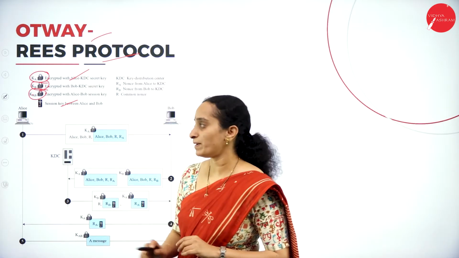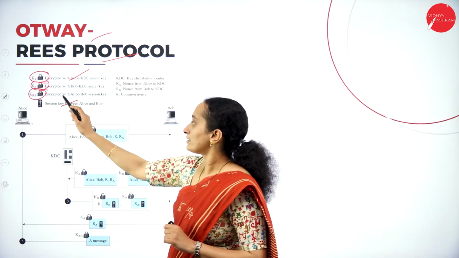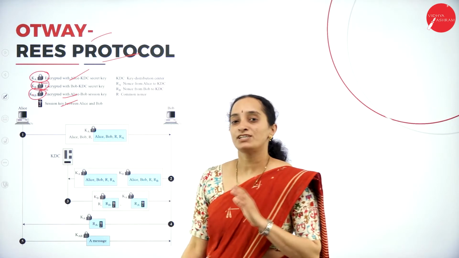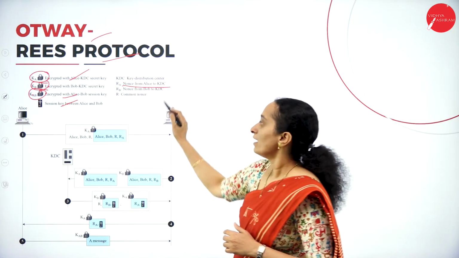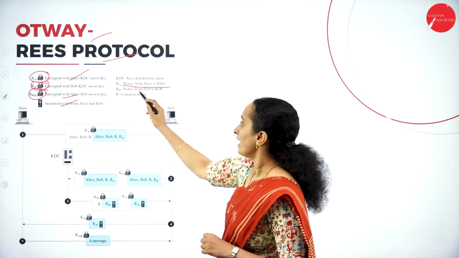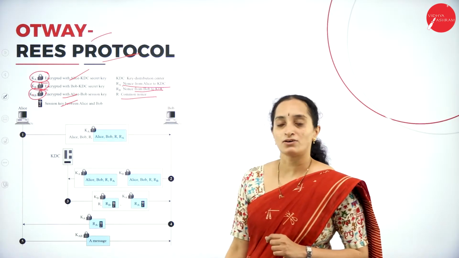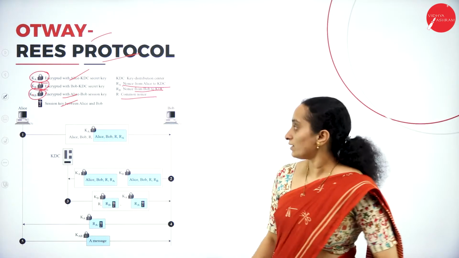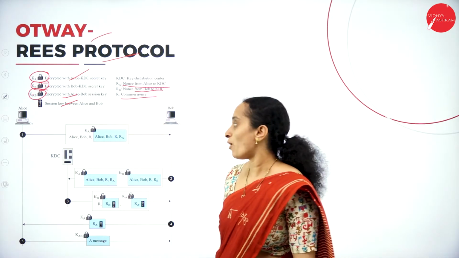It is in normal plain text, but the secret key or encrypted session key will be shared between Alice and Bob. Then we have another nonce from Alice to KDC, that is RA, and nonce from Bob to KDC, RB, and we have a third nonce, that is R. So it is the identities of both Alice and Bob.